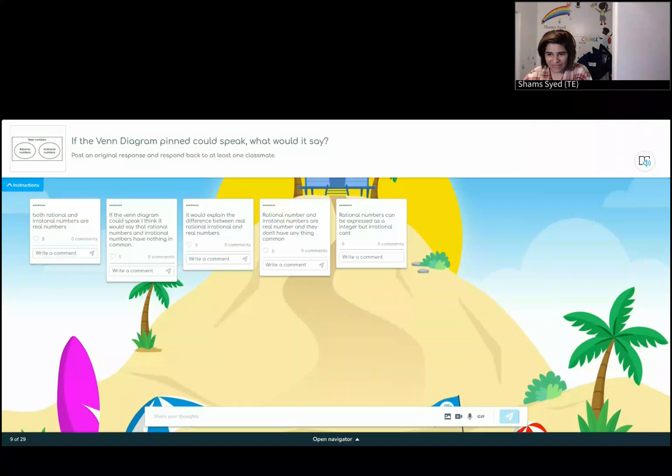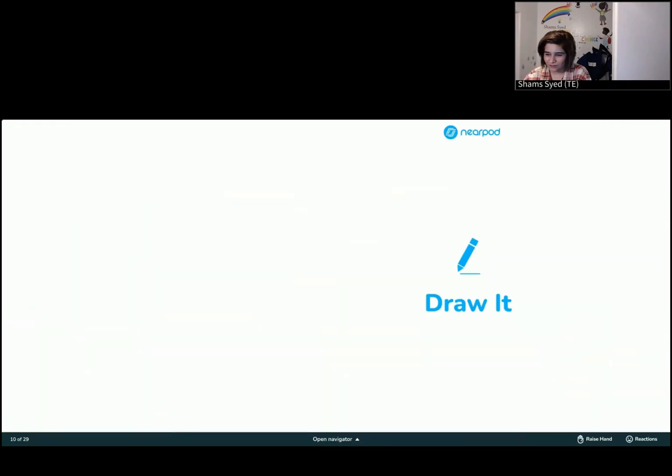Here is Alexis. Alexis says, rational numbers can also be expressed as integers, but irrationals cannot. I like it, Alexis. That is very thoughtfully written out.